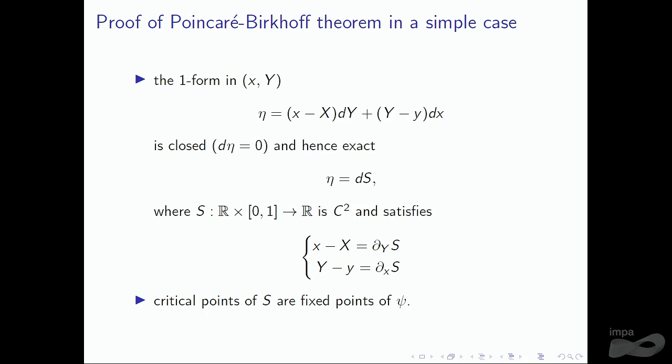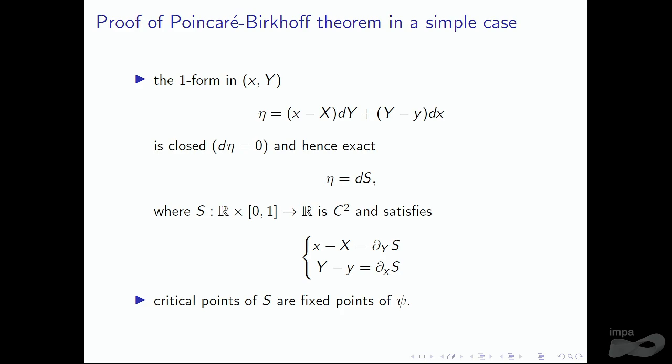So this guy here is positive on the lower boundary. And this means, by this identity, that the derivative of s in the y direction is positive, which means in the end that the gradient along the lower boundary points perpendicularly towards the interior of the annulus.